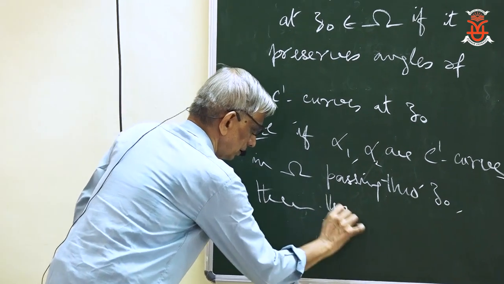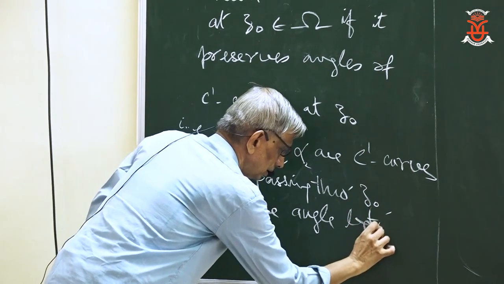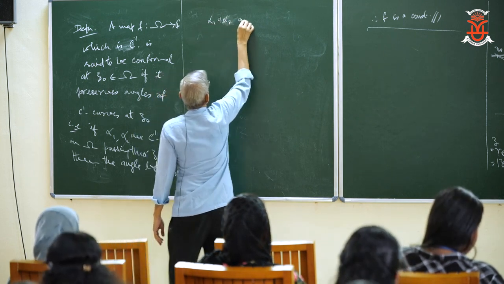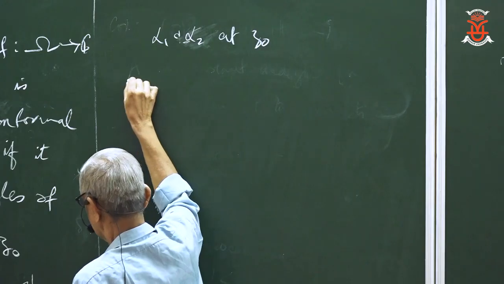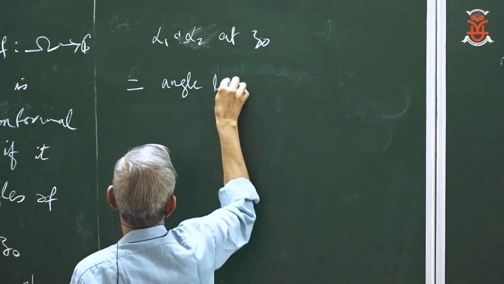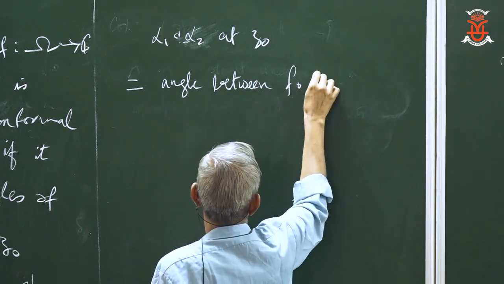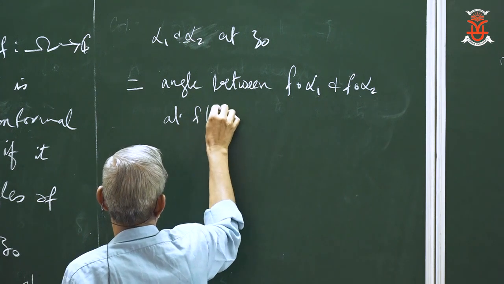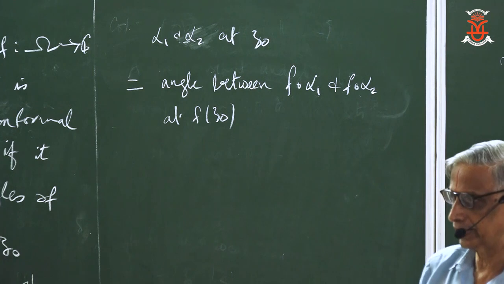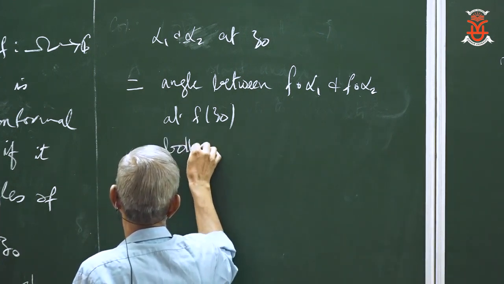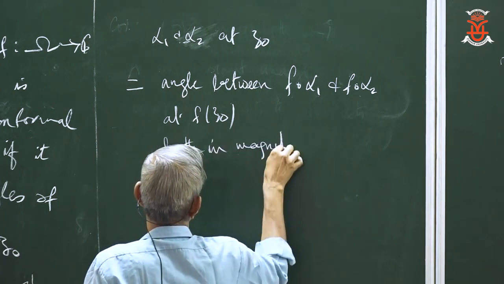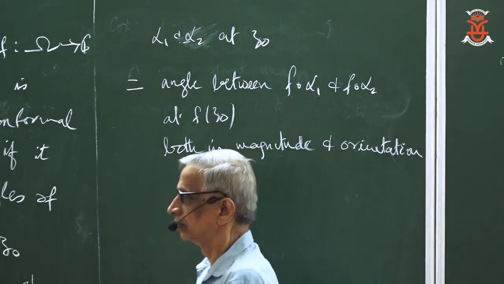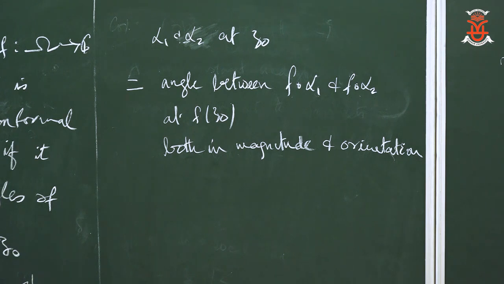then the angle between alpha 1 and alpha 2 at z naught is the same as the angle between f composed with alpha 1 and f composed with alpha 2 at f of z naught, both in magnitude and orientation, or sign of the angle, sense.